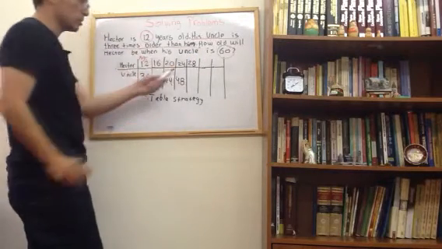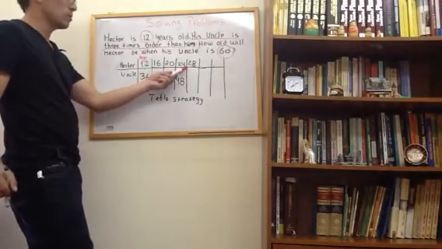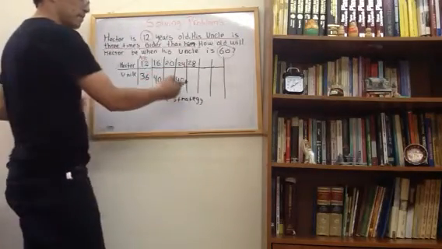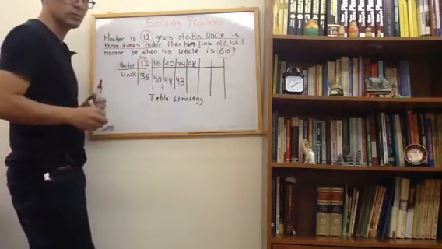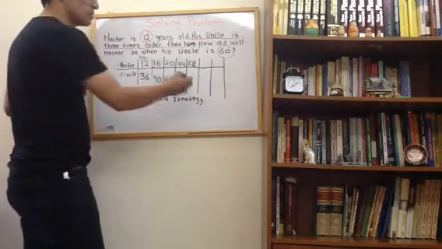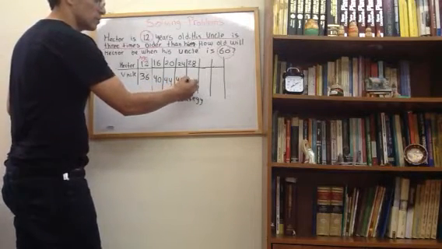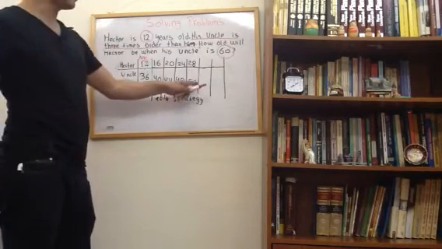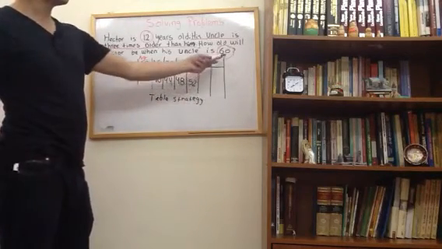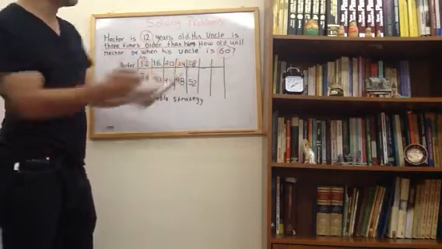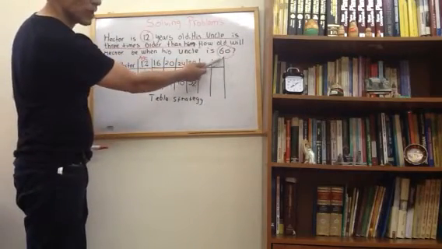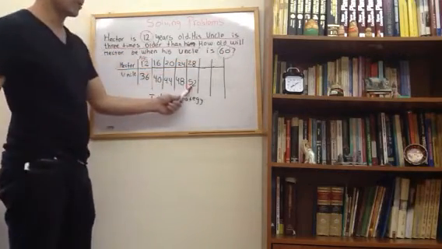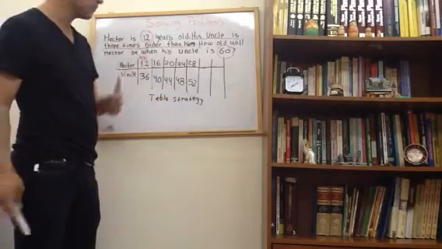24 plus 4 is equal to 28. 48 plus 4 is equal to 52. At this point we cannot finish, because we are looking for when Hector's uncle reaches 60, and so far we are at 52.